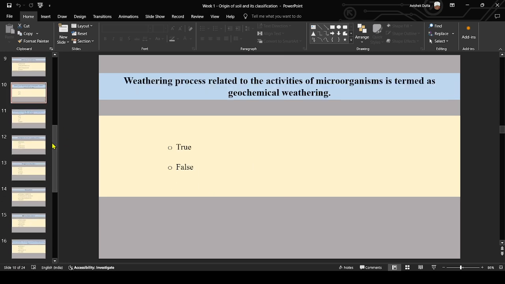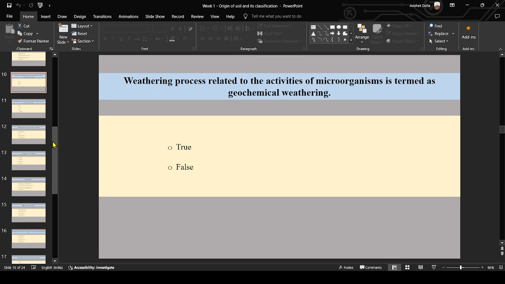Again, a true or false statement. Weathering process related to the activities of microorganisms is termed as geochemical weathering. There are many factors behind the weathering process of rocks, which lead to the formation of soil. When the weathering process is related to the activities of microorganisms, it is termed as geochemical weathering.